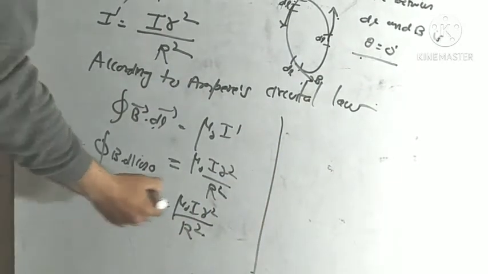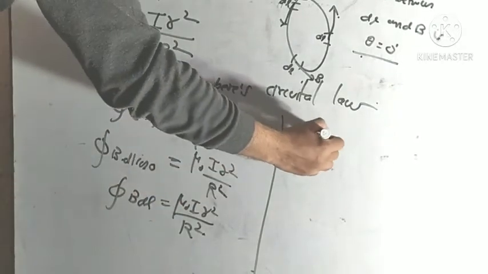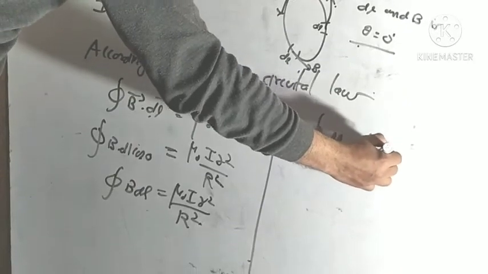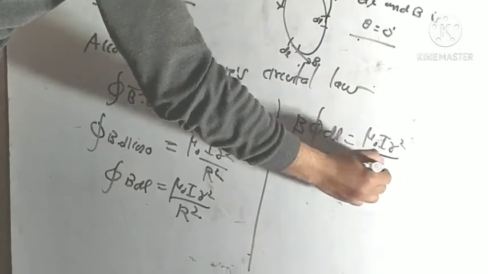Here B comes outside the integration, and the integral of dl gives the circumference of this circle, 2 pi small r. So B times 2 pi r is equal to mu naught I r square upon capital R square.